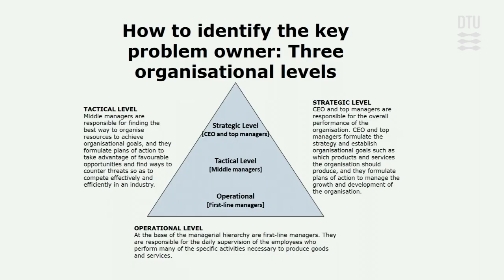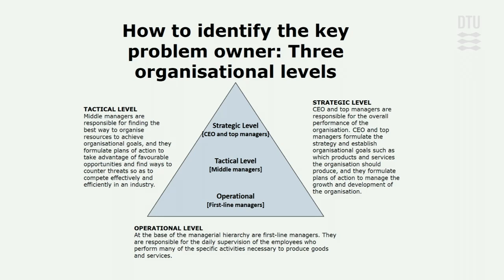How do you identify the key problem owner? You have to identify them through three organizational levels, where you position the problem that the company faces at the moment. So where the problem exists is where you have to start the discussion.